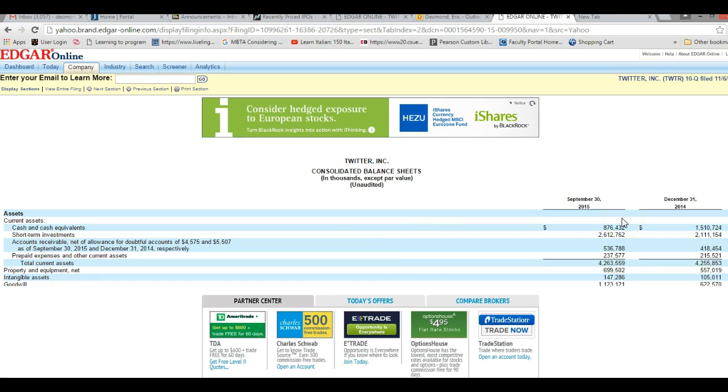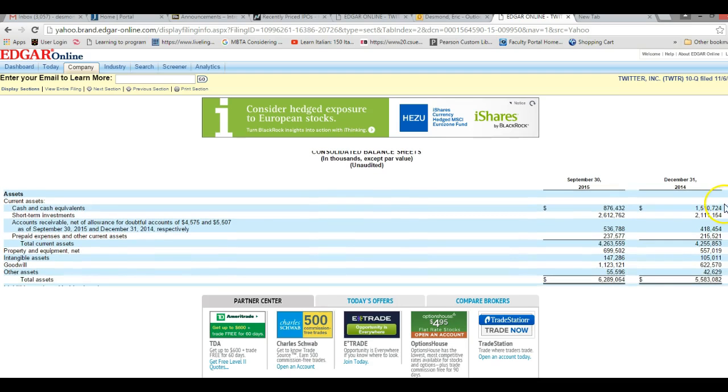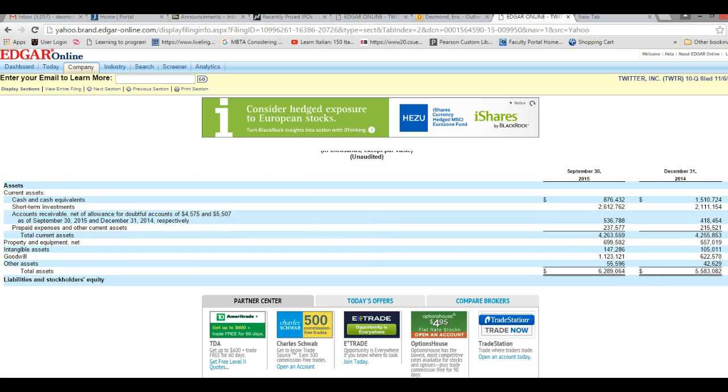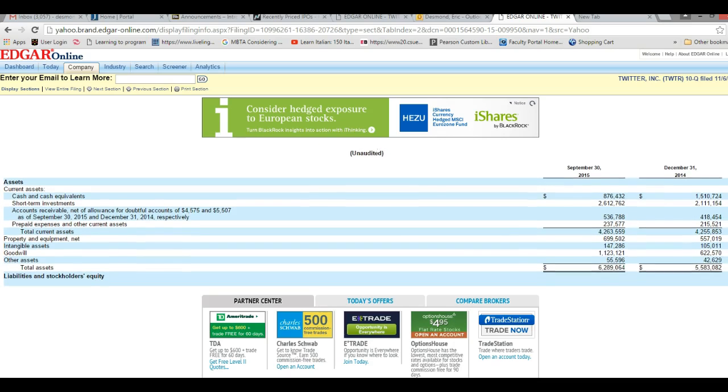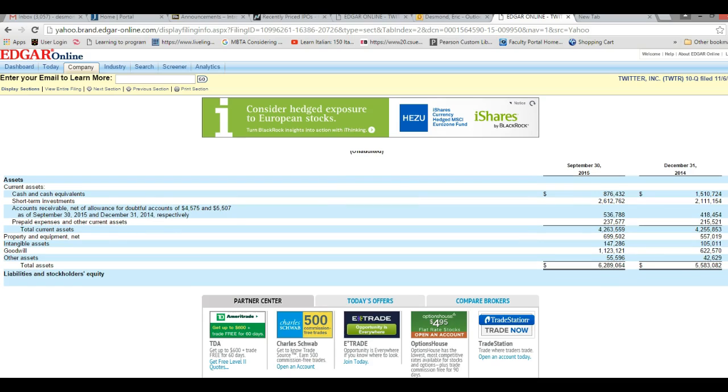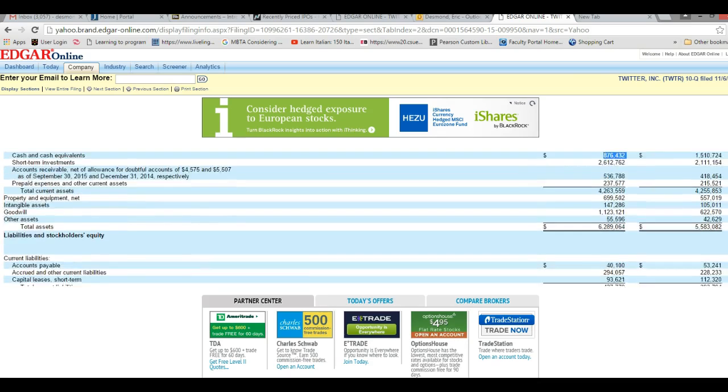So comparing September 30th, 2015 to December 31st, 2014, if you look at the cash positions, cash has gone down. Not quite in half, but they've lost almost half their cash. That could be a significant problem. And that would explain why a company that's losing money suddenly has half the cash they did 9 months later. So from December 31st, 2014 down to September 30th, 2015, the cash position has gone down significantly.